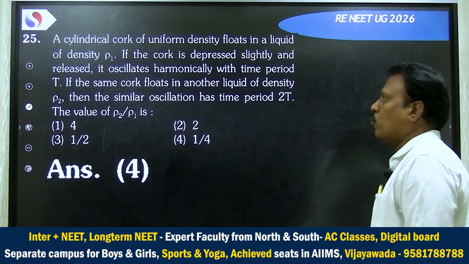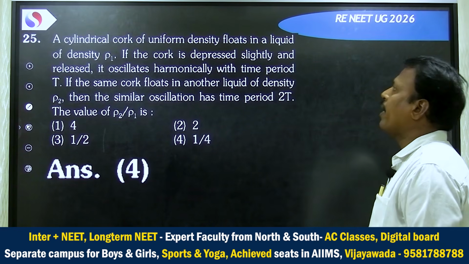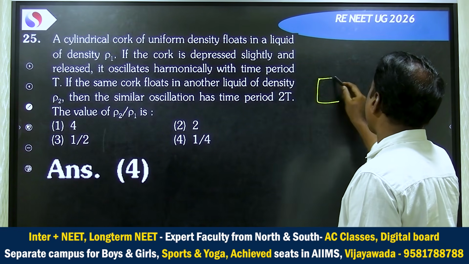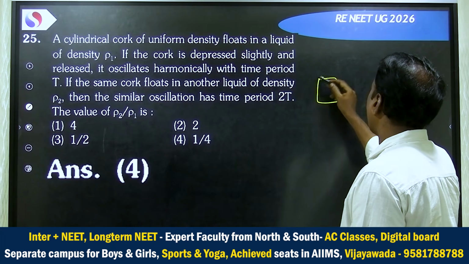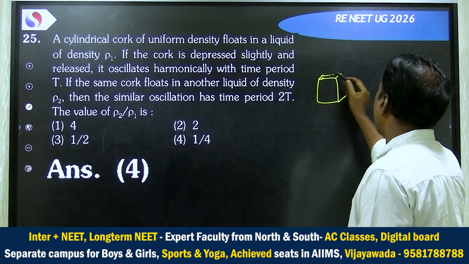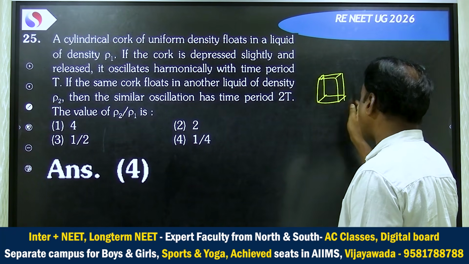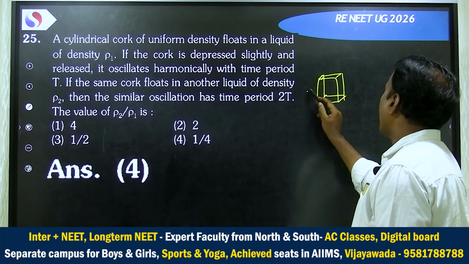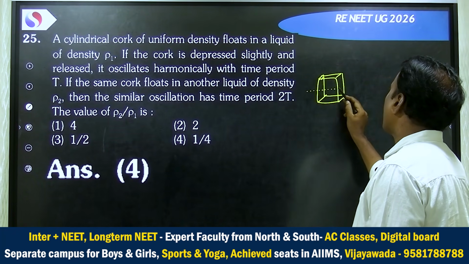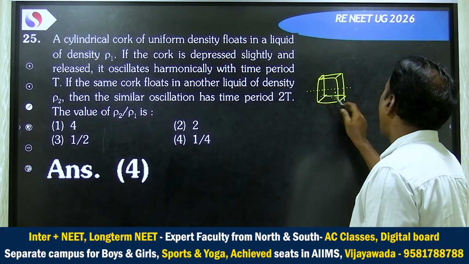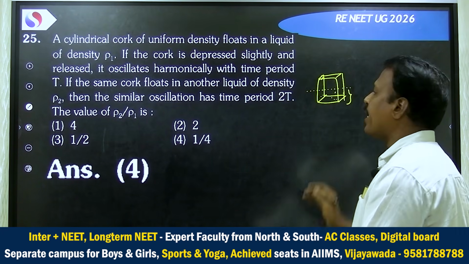And now come to problem number 25. In this particular problem, there is a cork, a wood-like substance. It is floating. Any solid object, in order to float, must have some of its volume immersed in the water.